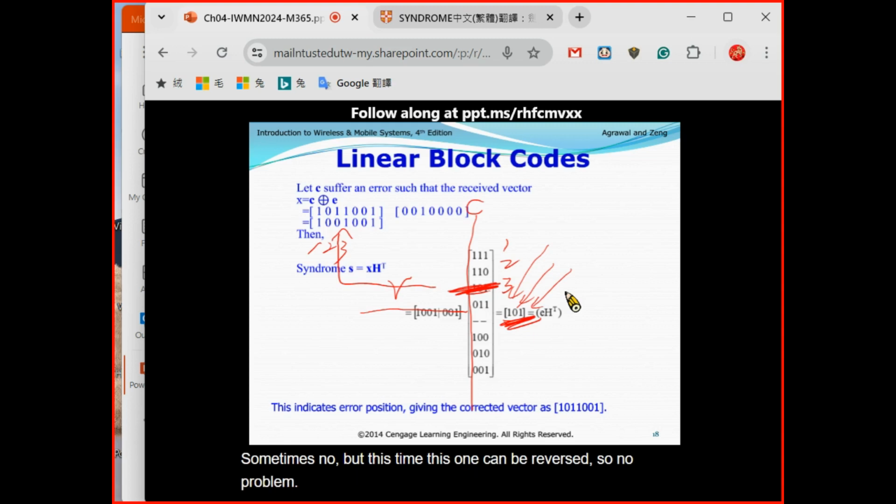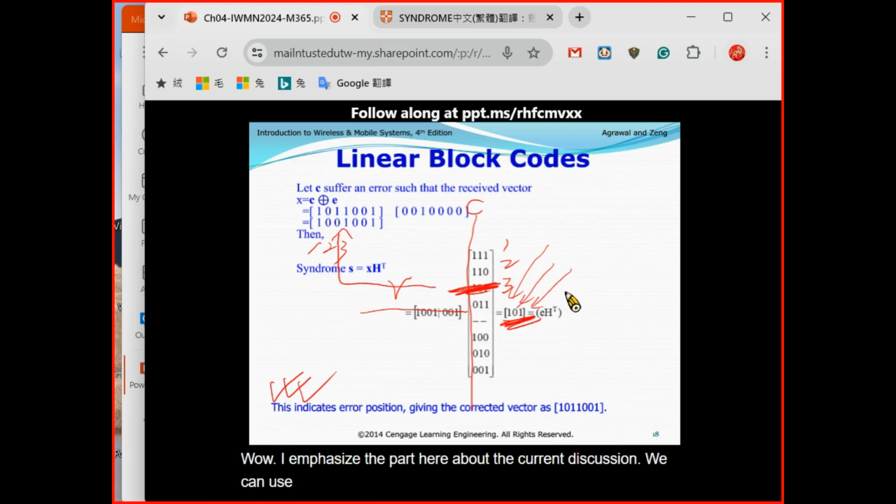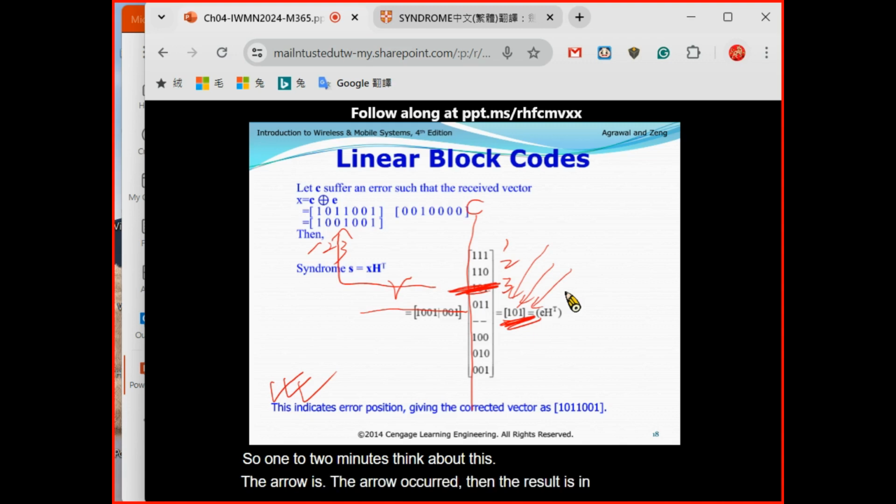I emphasize the part here. In the current discussion, we can use the syndrome to reflect the error position. Think about this. If you have any question, you can let me know. So 1 to 2 minutes, think about this. It's certain that if the error occurs, then the result is in the H transpose matrix.